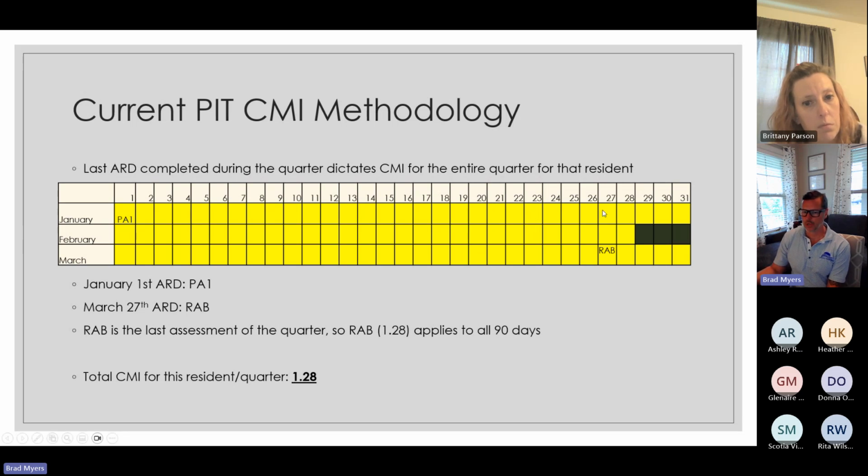So that's the RUG that resident was going to be assigned, if that was still the RUG on the last day of the quarter, unless there was another assessment done to increase the RUG. In this case, that is what happened. On March 27th, we did an assessment and captured an RAB. So even though this PA1 was done on January 1st, this RAB that was done on March 27th wipes it out. This resident would have been an RAB on that case mix tree report that I was just showing you.